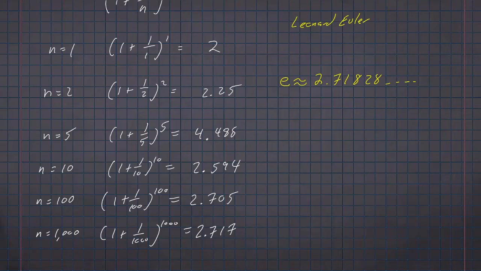You do not need to memorize Euler's constant because it's programmed into most calculators. In fact, it's programmed into calculators in the most effective manner possible, because we use it as the base of exponents. It's programmed in as an exponential function. On my calculator, I have a natural log key, which we'll be talking about in a few minutes.